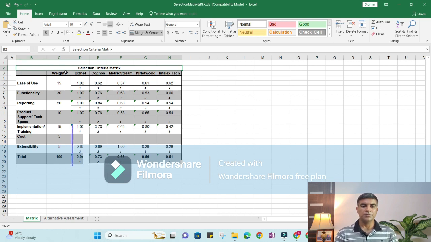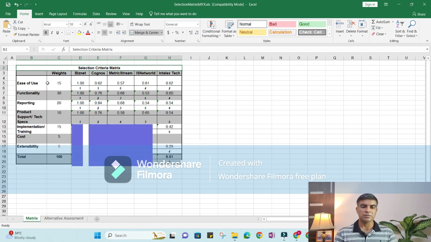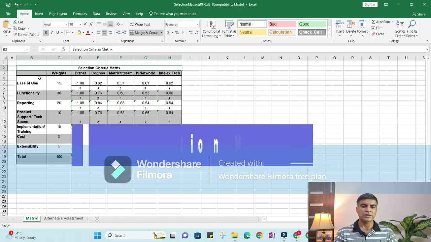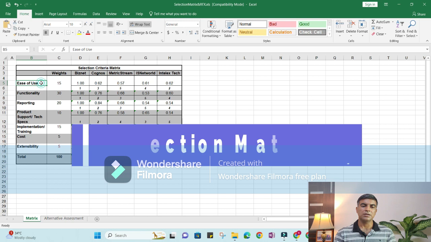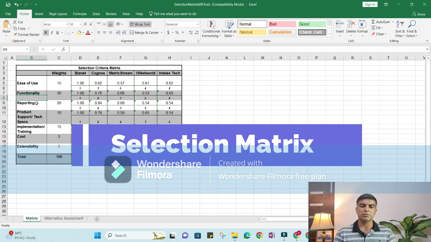And then before we went out to market and looked at these suppliers, after we had done the requirement gathering from our stakeholders, we came up with the different criteria that were important to our stakeholders.